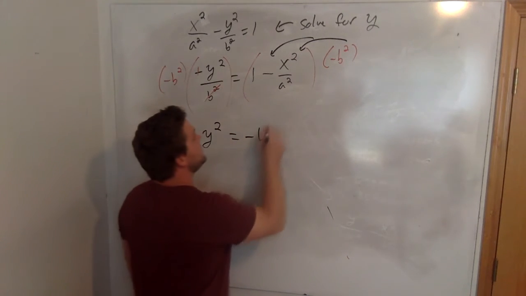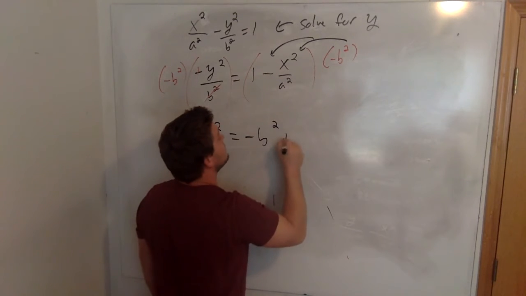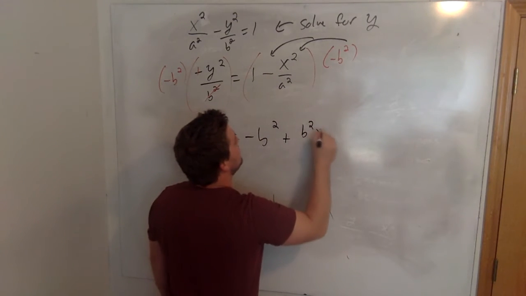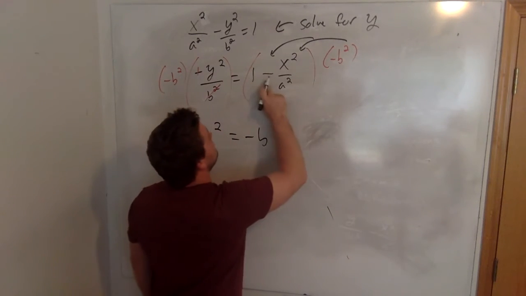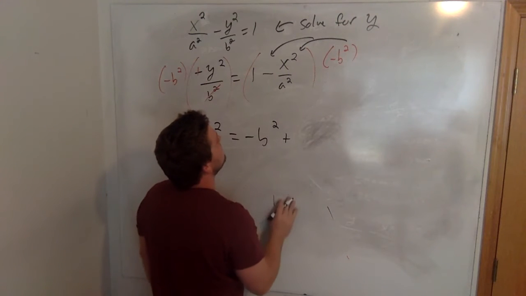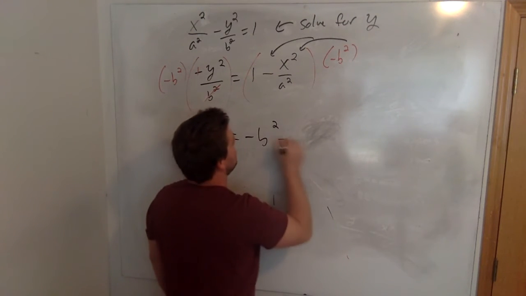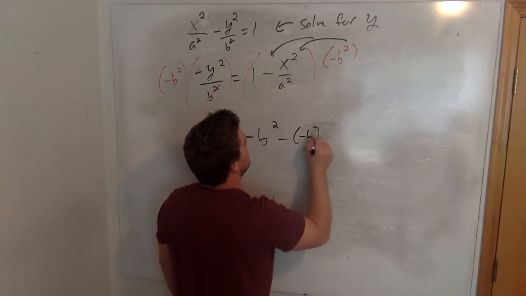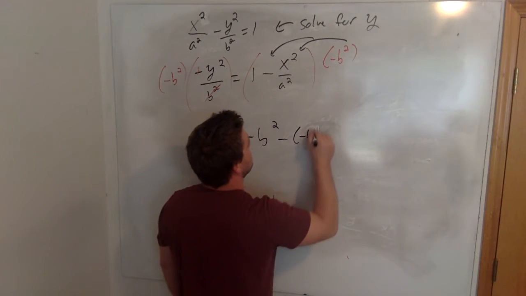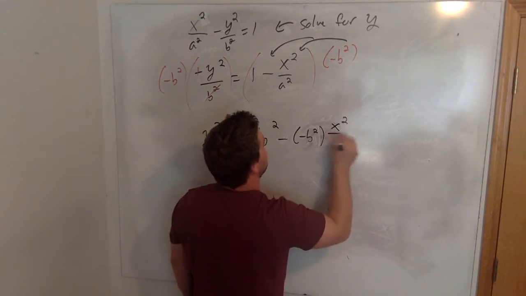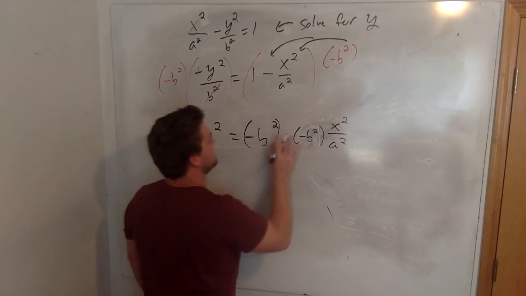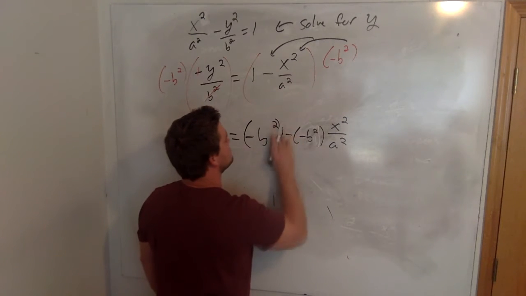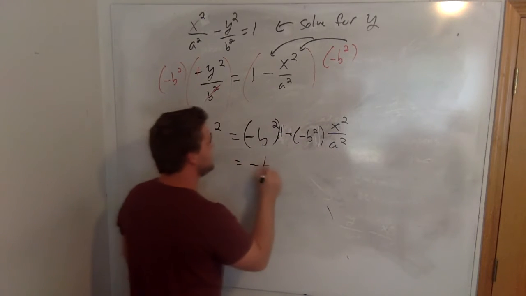We'll get a negative b squared times 1, minus a negative b squared times x squared over a squared.